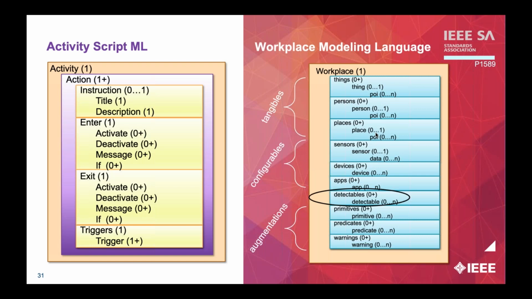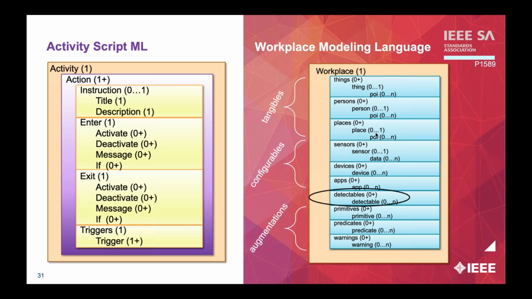So it can be used to activate particular augmentations, such as a visual overlay, an audio file to be played, a 3D animation to be interacted with, or additional new forms that become possible. It can, of course, then also deactivate them, send messages from user to user or device to device, and through the use of if rules, create a bit more sophisticated branching between action steps. Triggers then move from enter to exit loop.